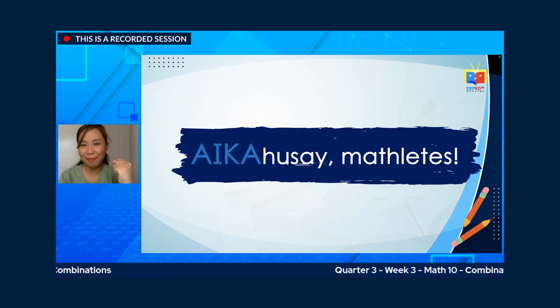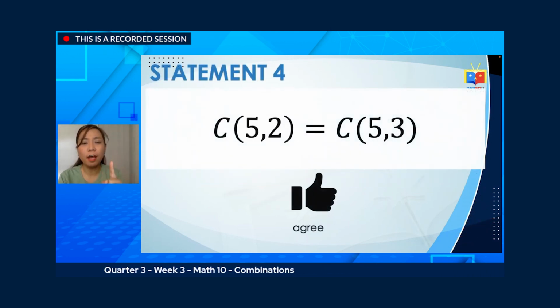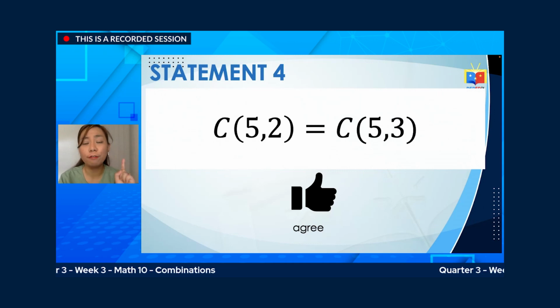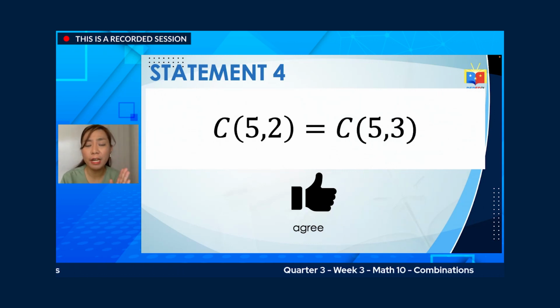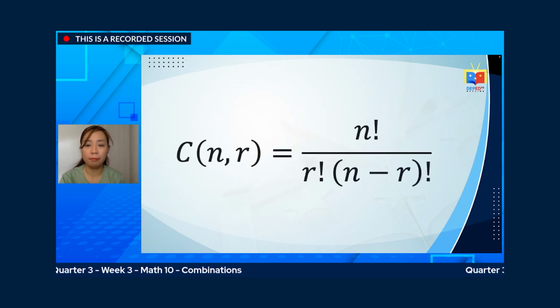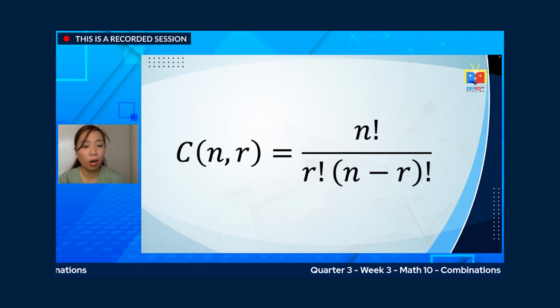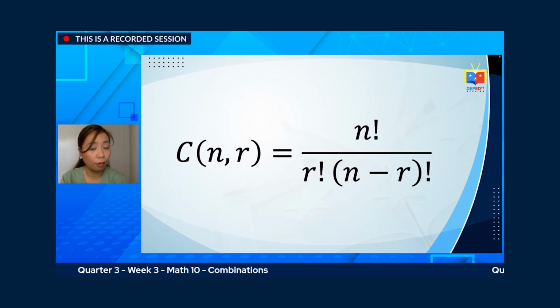Galing, mathletes! Now, let's go back to statement 4, and let's prove that the combination of 5 objects taken 2 at a time is equal to the combination of 5 objects taken 3 at a time. So let's use the formula to solve the problem. Formula: combination of n objects taken r at a time is equal to n factorial over r factorial times the quantity n minus r factorial.